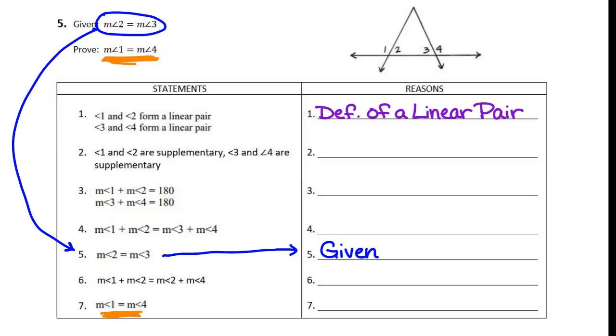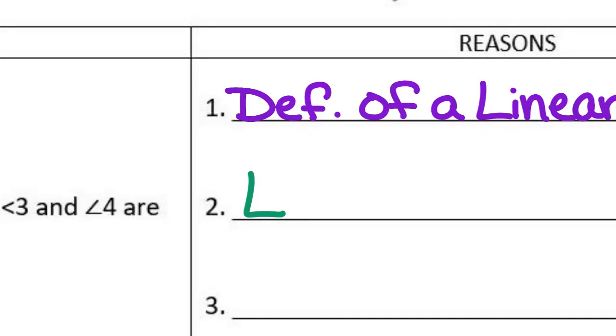Well, we weren't given that information. The only thing above it that we've already said is that angles 1 and 2 are a linear pair. And now we're jumping to say they're supplementary. We said that angles 3 and 4 form a linear pair, and now we're jumping to saying they're supplementary. Linear pair theorem.